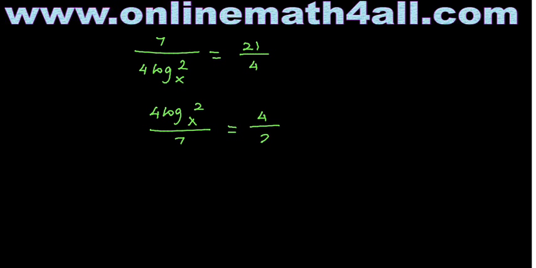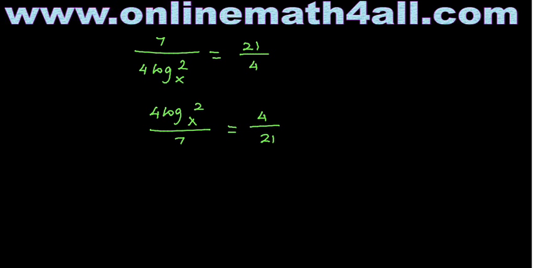Here 4 over 21. Here students, we should not interchange these two. Because I'm not going to write the logarithm that we have at the denominator at the numerator. It's not like that. I've taken reciprocal on both sides. When you take reciprocal on both sides, you should not interchange these two. I hope the students can understand this step.